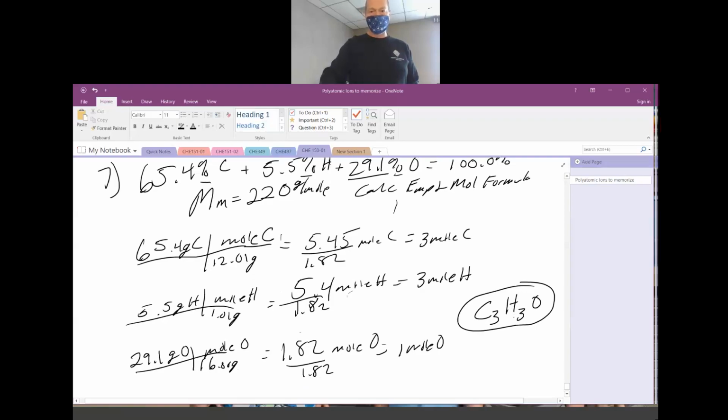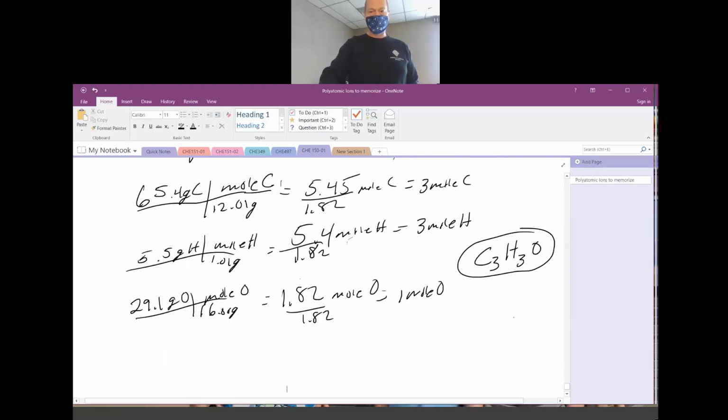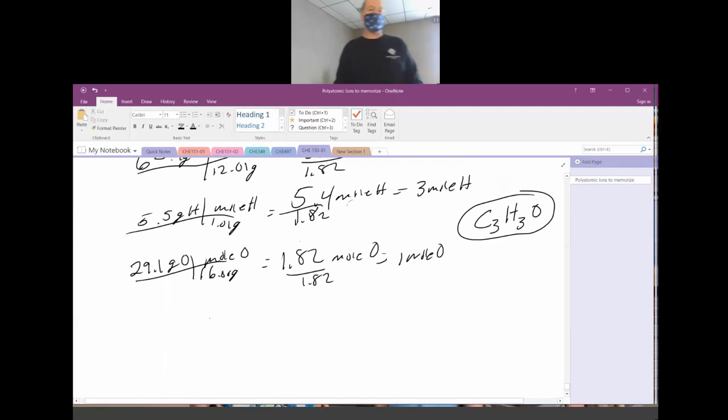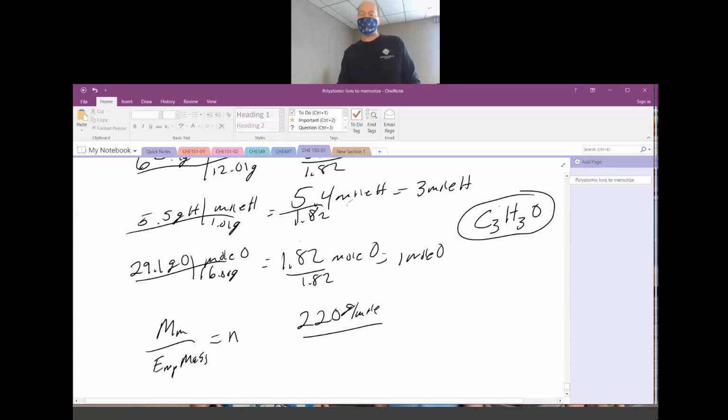All right, now we have to find the molecular formula. In order to do that, we need the molar mass. So we take the molar mass, which has to be given, and divide by the empirical mass, which we calculate. And that's going to equal an integer. So we were given 220 grams per mole. Now we have our empirical formula. We got to calculate the empirical mass: 3 times 12.01 plus 3 times 1.01 plus 16.00.